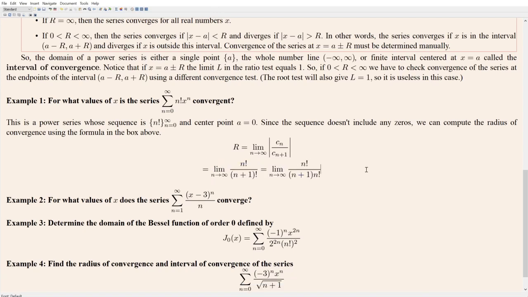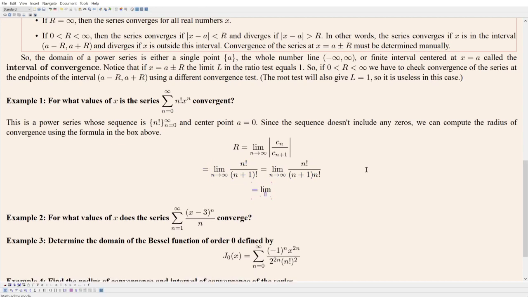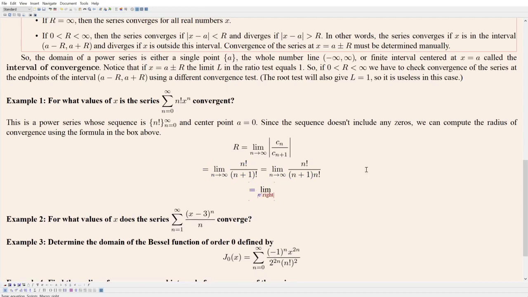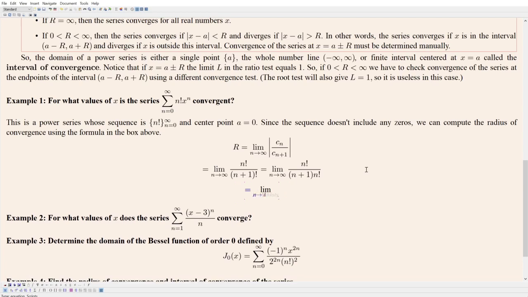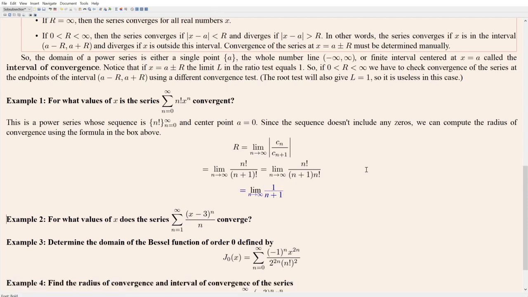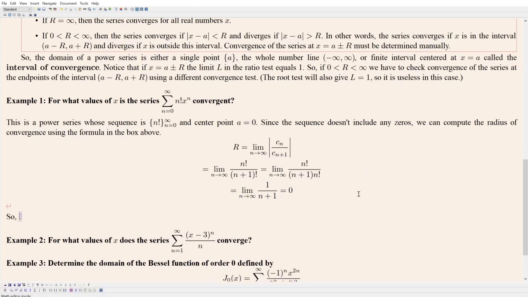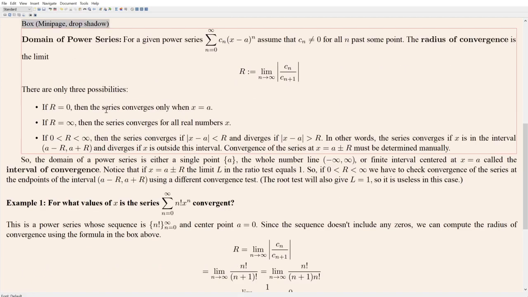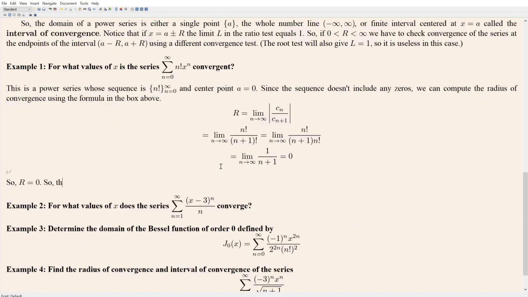So then those n factorials cancel. So we just get that. And in the limit as n goes to infinity, that is 0. So the radius of convergence is 0. That means that the series converges at only one point, namely the center point. And here the center point was 0.